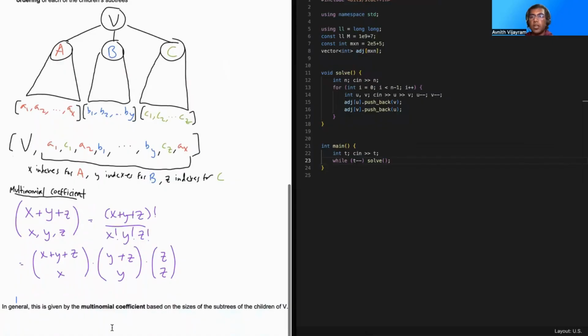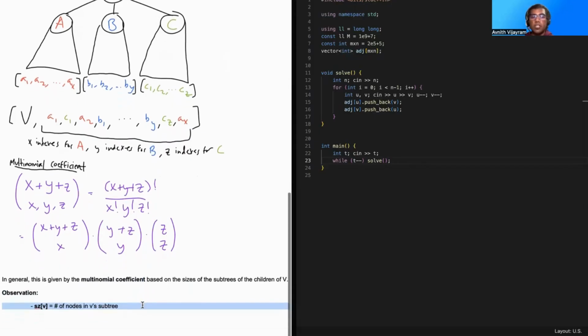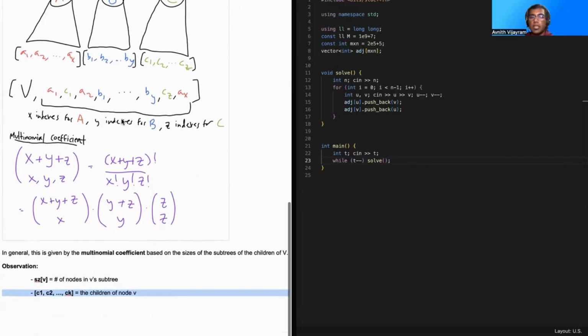Yeah. So in general, this applies to more than three nodes. We can generalize this with the multinomial coefficient. And it's just based on the size of the subtree of V and the sizes of each of the children's subtrees. And this leads us to our next observation, which is essentially a formula based off of our idea here.